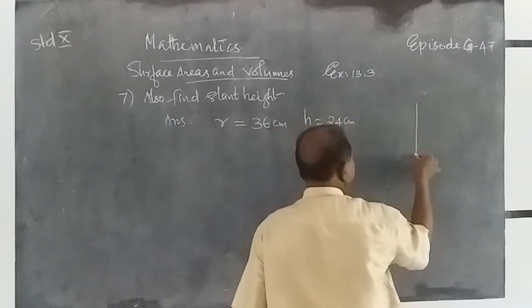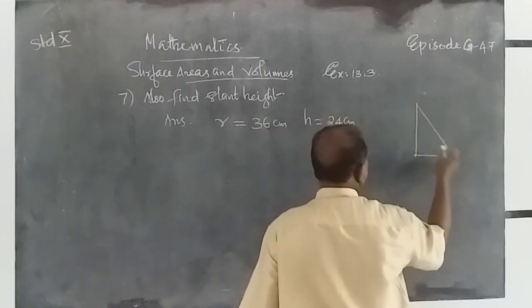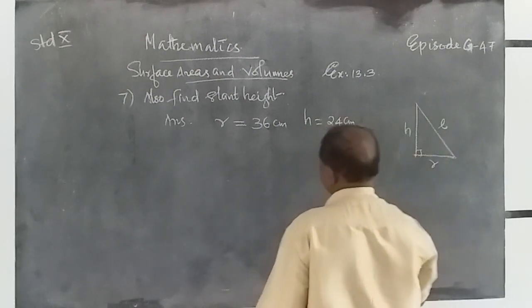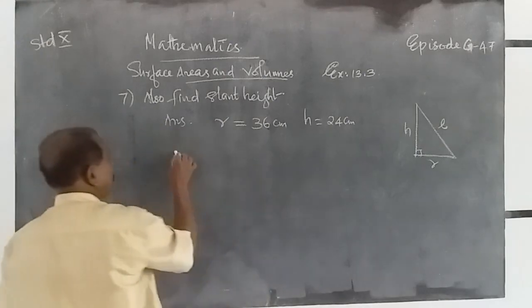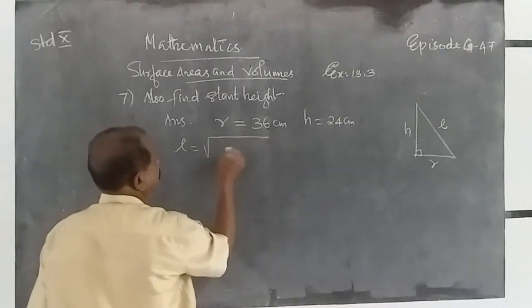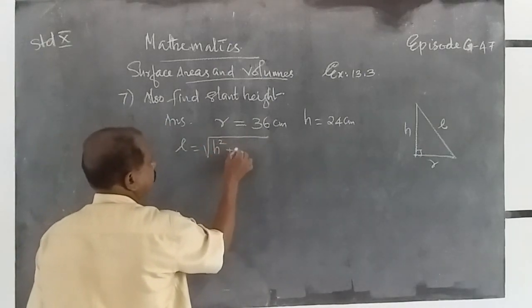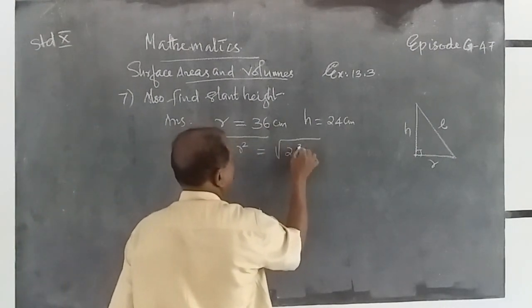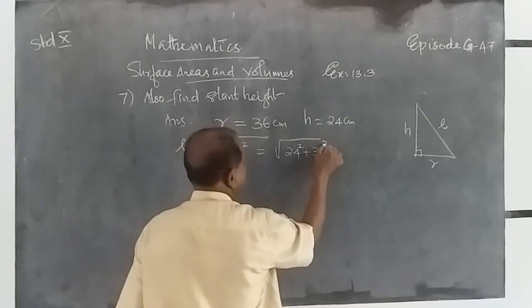That means height, radius and slant height form a right angle triangle. Therefore, slant height is the root of h square plus r square. So root of 24 square plus 36 square.